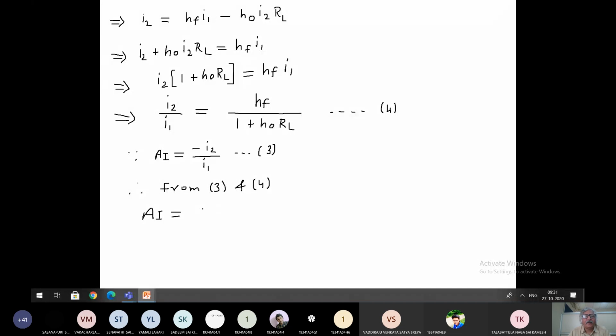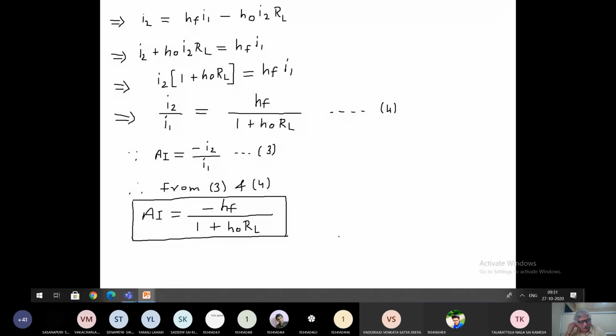So this will be minus HF by 1 plus H0 RL. This is the expression for current gain, right?